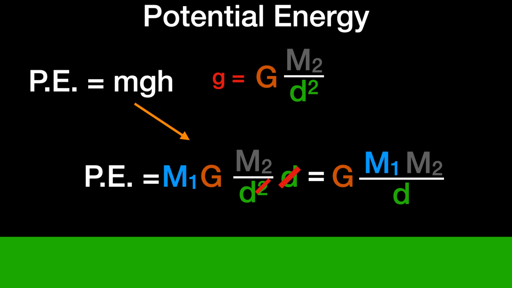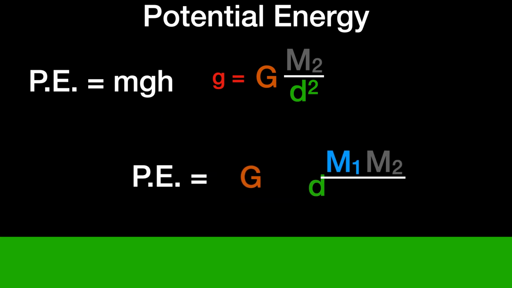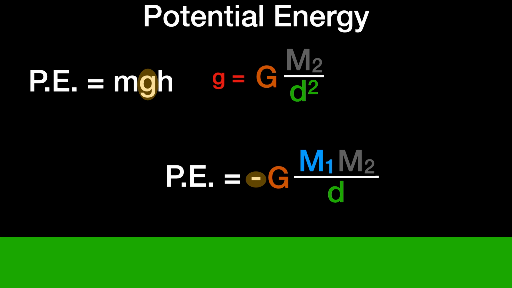divided by D. Now, notable differences here from gravitational force, because it looks very similar. The D squared is not squared, and also, annoyingly, there is a negative G out front. Why is it negative?